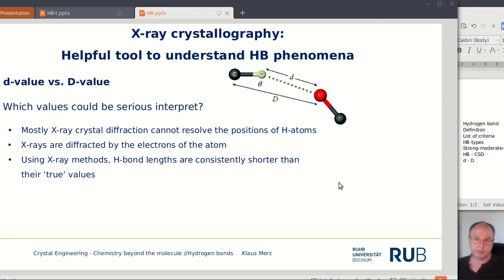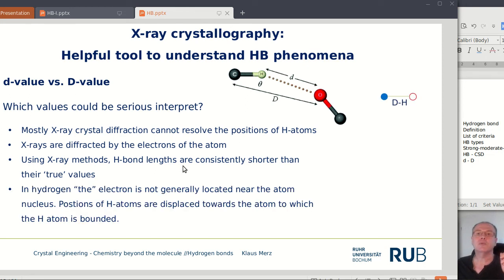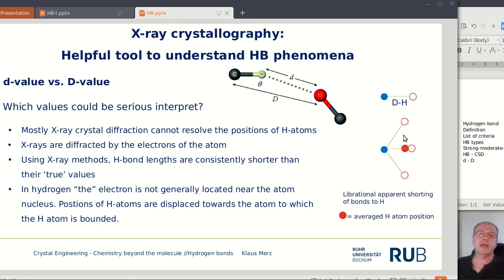That's the first thing. The second thing is, using X-ray methods, the hydrogen bond lengths are always shorter than the true value. That means what you get from a crystal structure is not the exact distance. Why? I'm showing here the donor-hydrogen covalent bond, and this is what happens in a crystal.